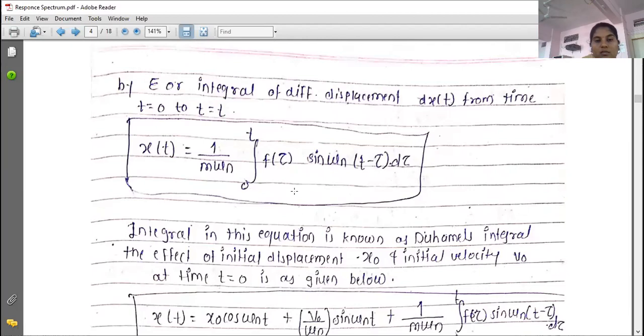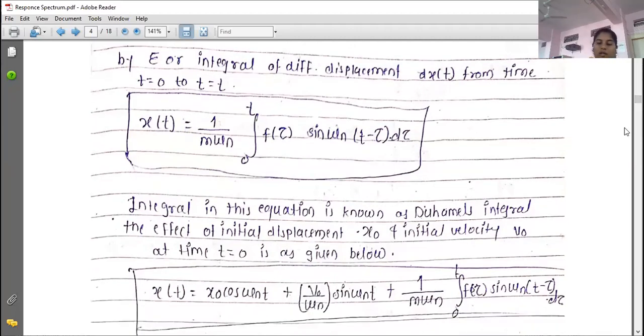So below this we can write x(t) will be equal to 1 upon m ωn, integration from 0 to t, F(τ) into sine of ωn (t minus τ) dτ, from time τ equal to 0 to time τ equal to t.